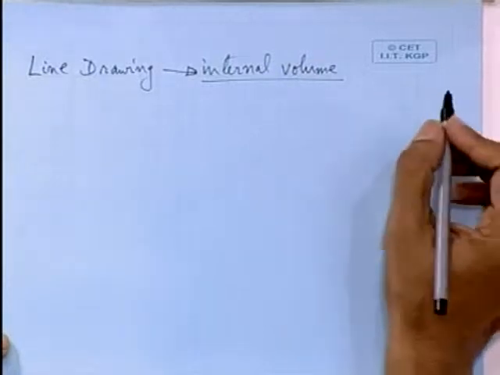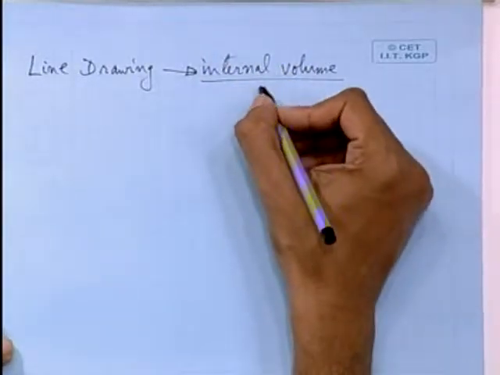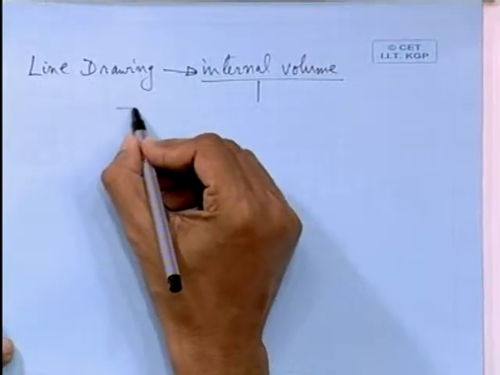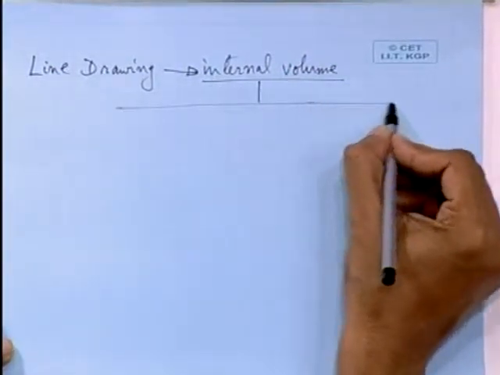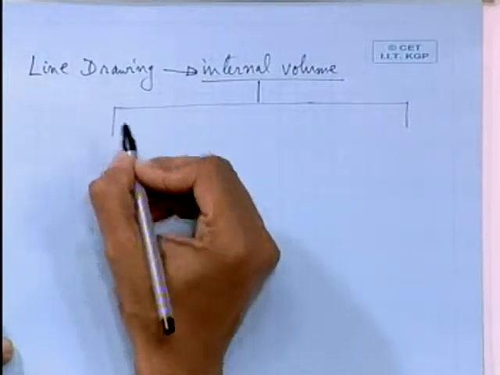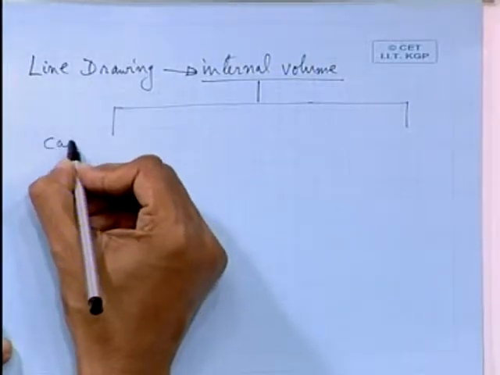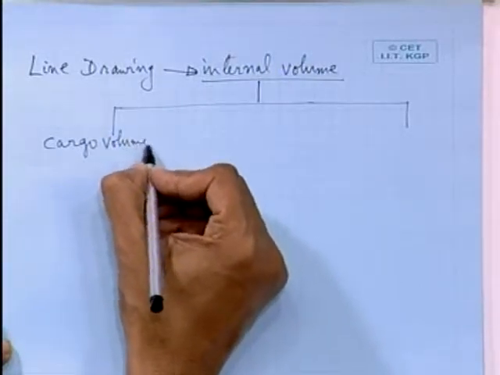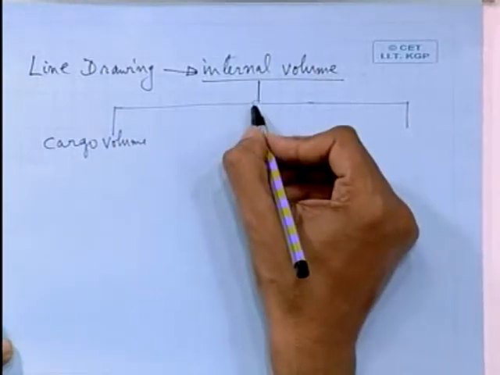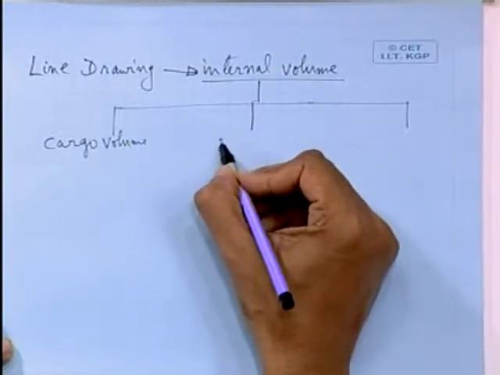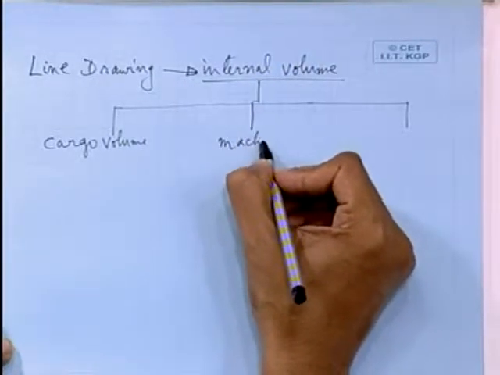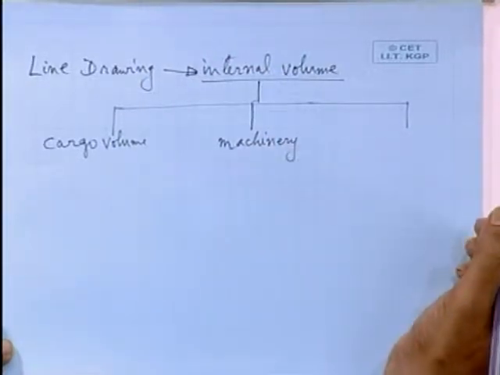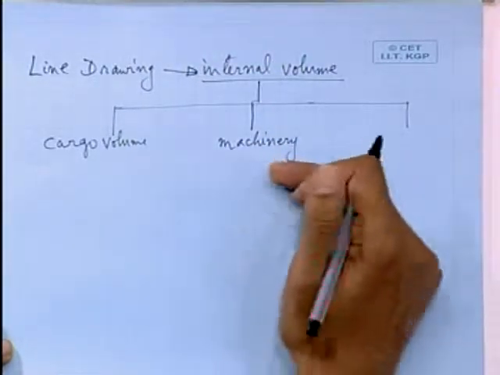Why? You can split up this volume into a number of parts. If it is a cargo ship, first you have the cargo volume. Then the ship has your machinery. It has to house basically cargo and machinery.